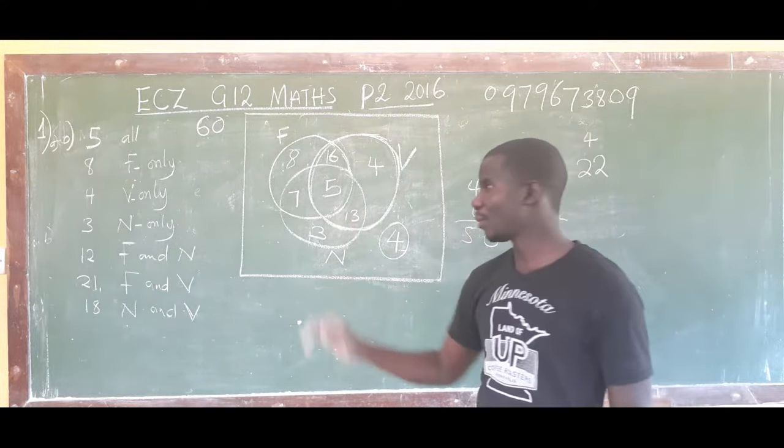So using a scale of 1 centimeter to represent 1 unit on each axis, let's do this on our graph paper.